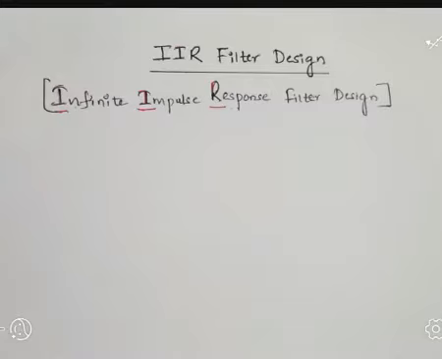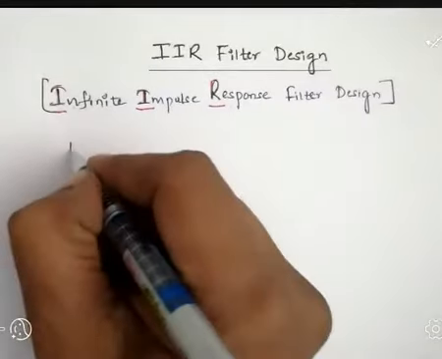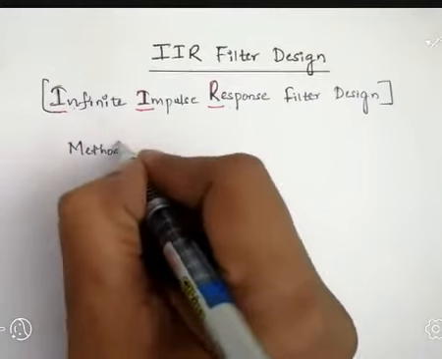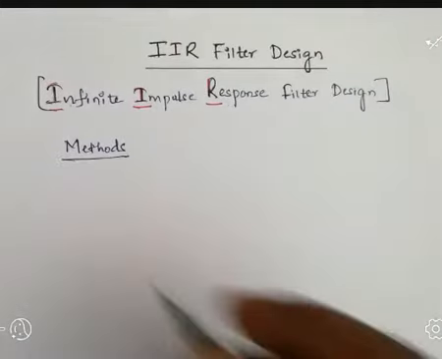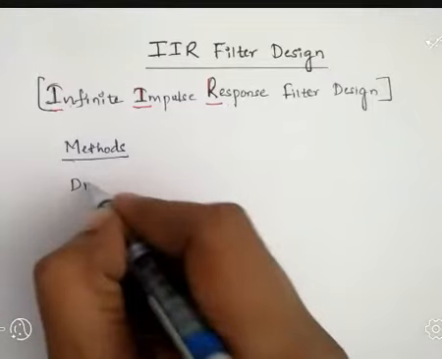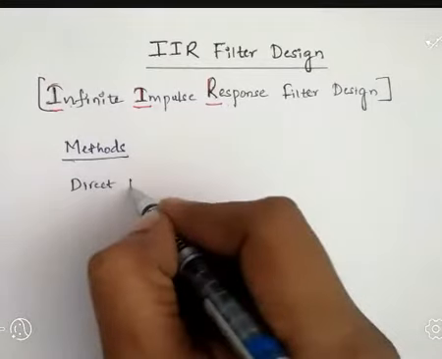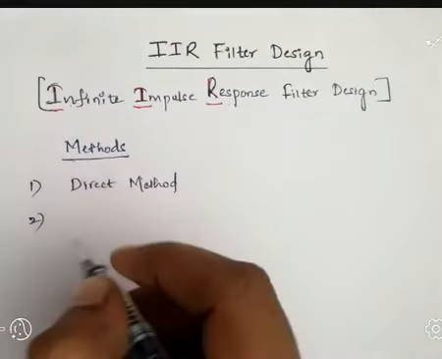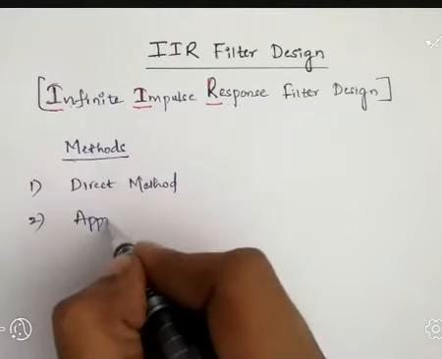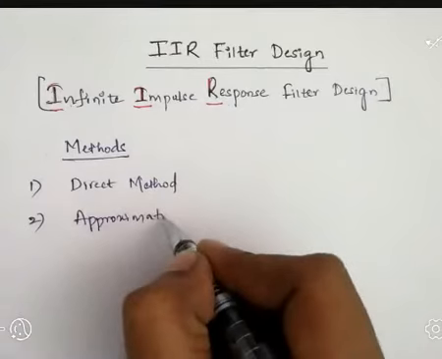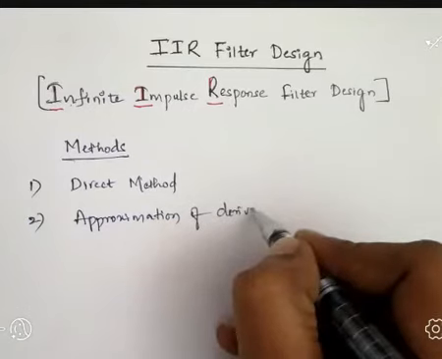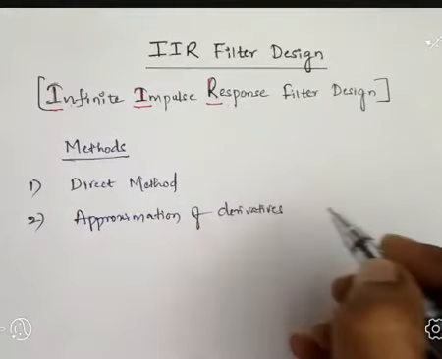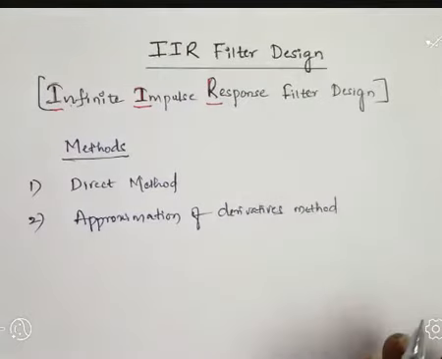Now we will move on to methods available for designing an IIR filter, infinite impulse response filter. So many methods are available. The first method is called the direct method. The second one is the approximation of derivatives method.